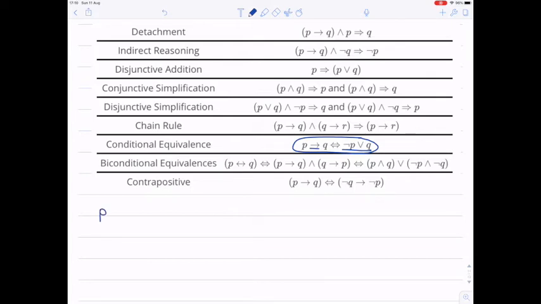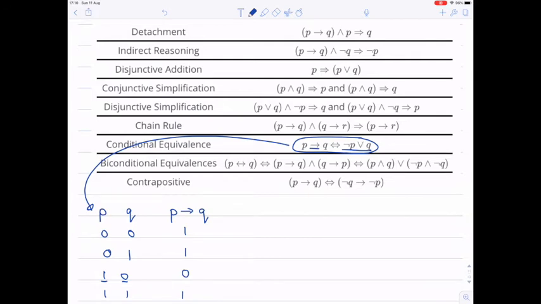So we've got our P and our Q. Okay, so we know that P implies Q is true for every case except where the condition is true and the conclusion is false.